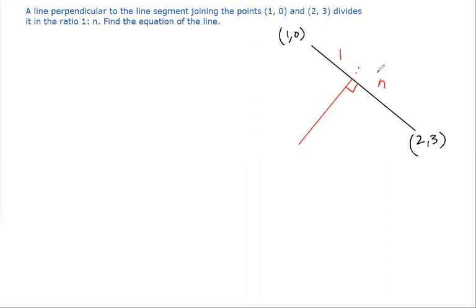It means if AB is 5 centimeter, then BC will be 5n centimeter, right? You see, what is the ratio of 5 is to 5n? 5 cancels with 5, it is 1 is to n. Am I right, students?